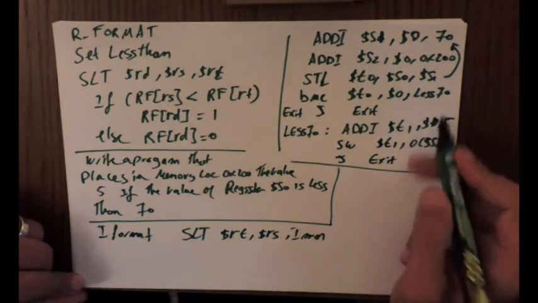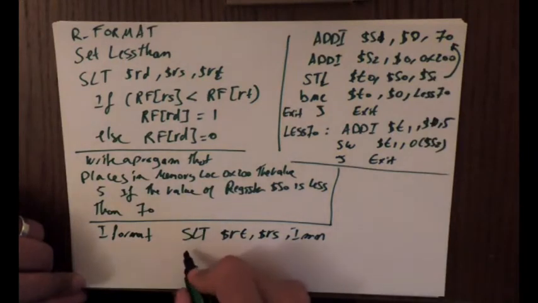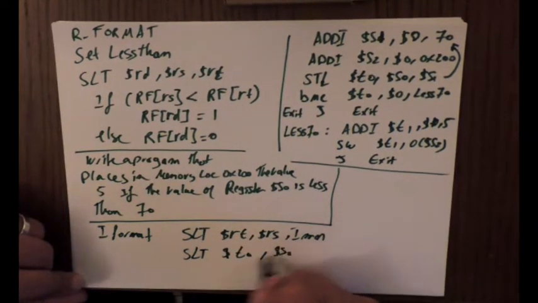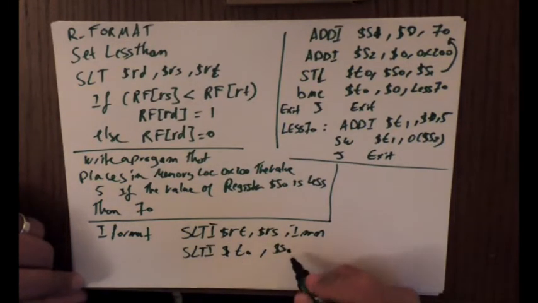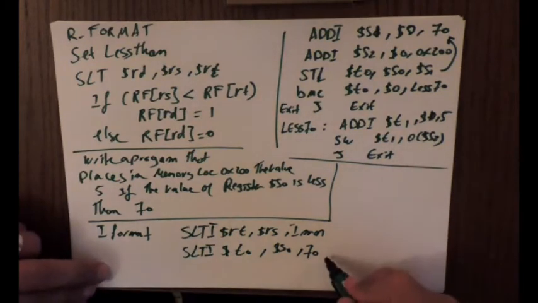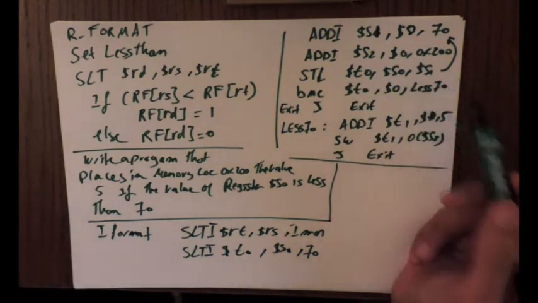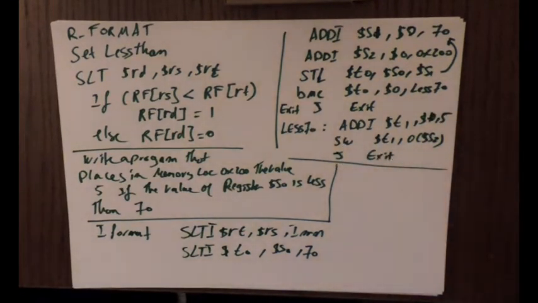So I could change this, instead of placing this 70 in a register, I could just say set less than $t0, $s0, set less than immediate, apologize, S0 comma 70, and this will be in place of the set less than and the addi. This will save me actually placing values in a register and using set less than.